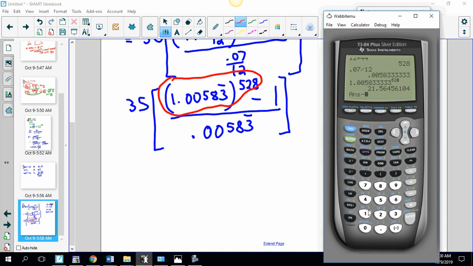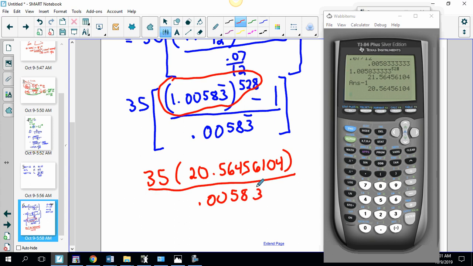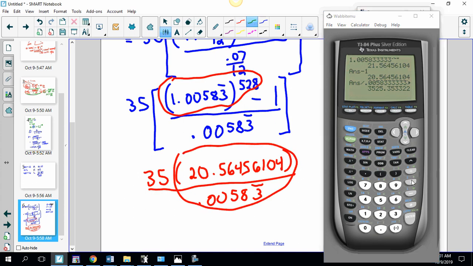21.564, subtract 1, so I get 35 times 20.56456104 divided by 0.00583 repeating. So on my calculator, divided by 0.00583. So I did this times 35.